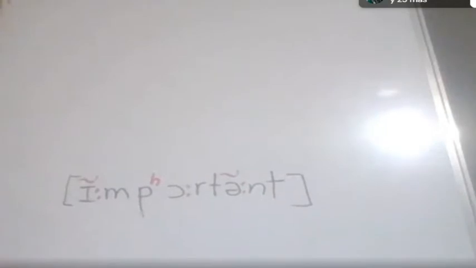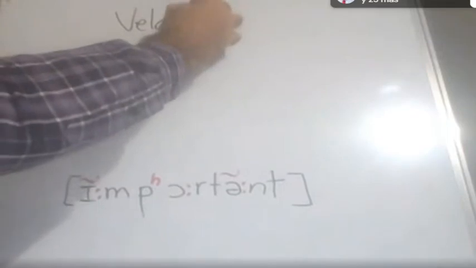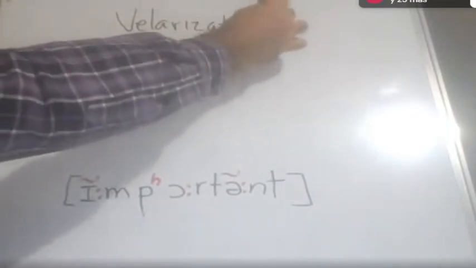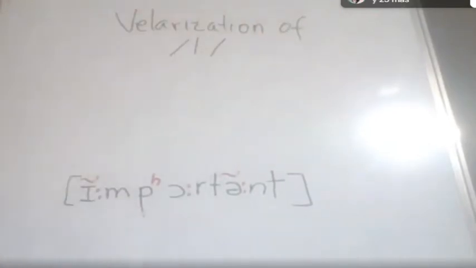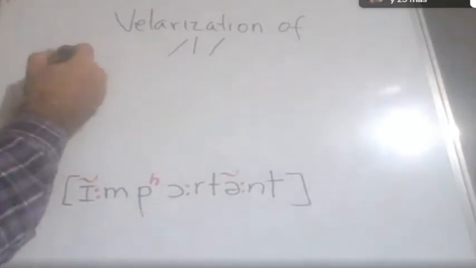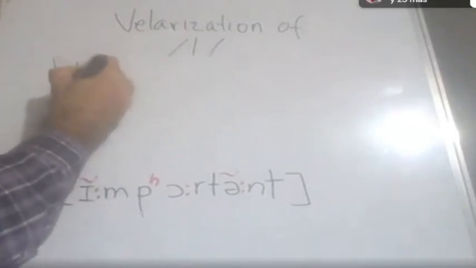Okay, so we have now velarization of L. L has certain velar characteristics when it occurs in this environment. By the way, this is the graphic representation of the velarized L. So we have the L, right?